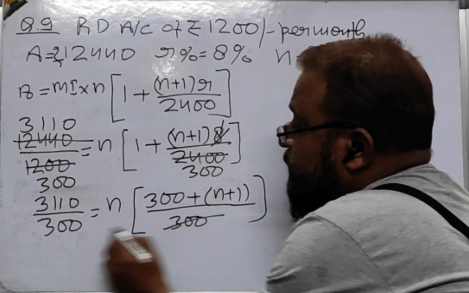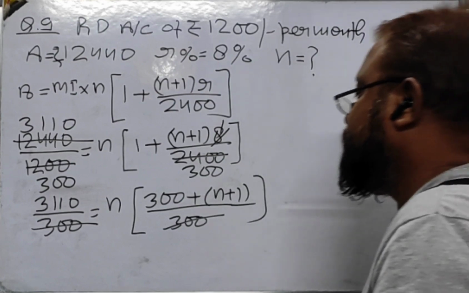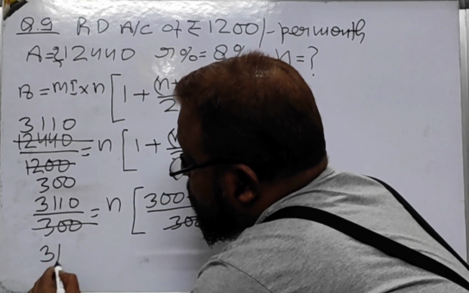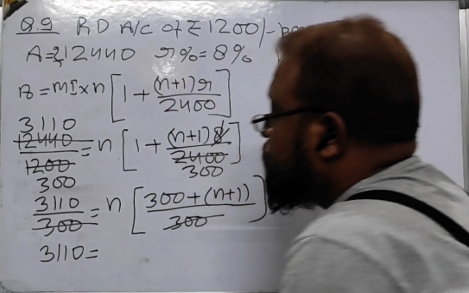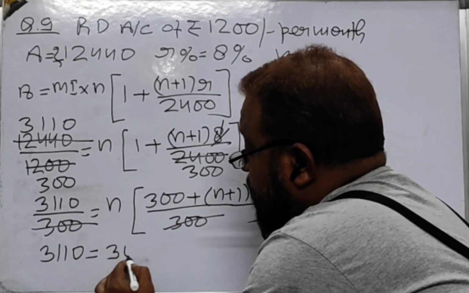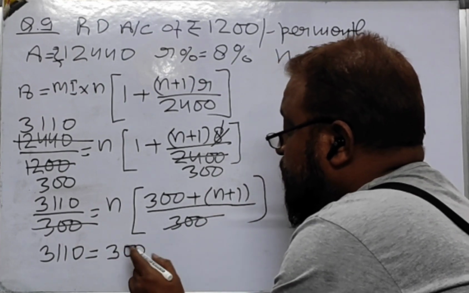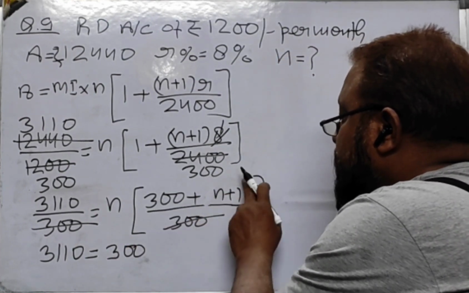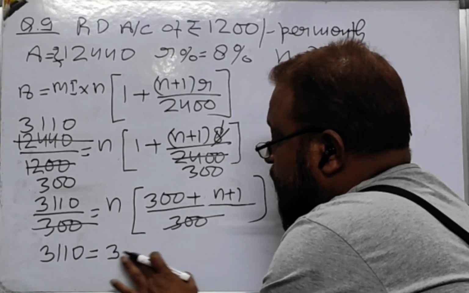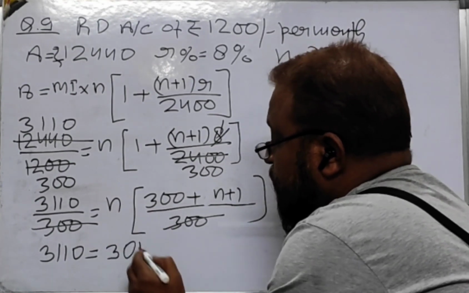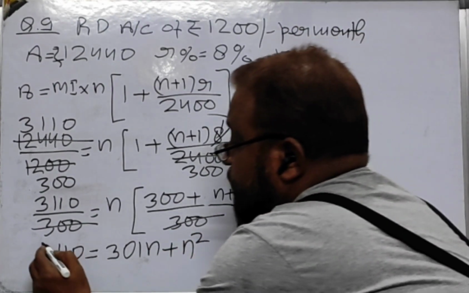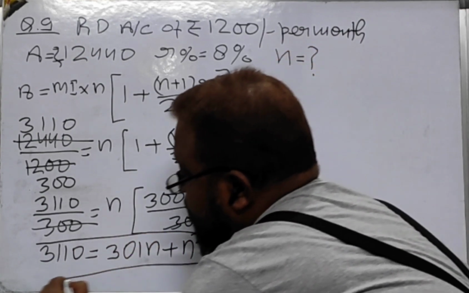Now this 300 and 300 is gone, so now we get 3110 is equal to 300 and 300, 301, because when we open this bracket, they are added together, so we can write it as 301 into n plus n squared. Get it? This is what we have.